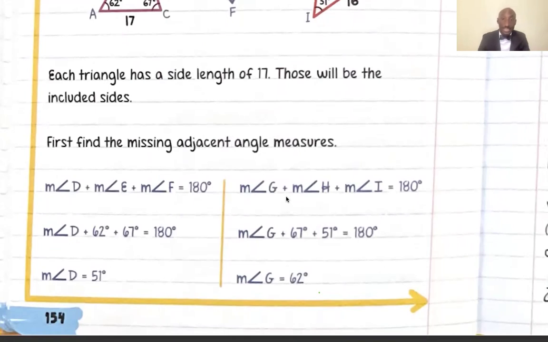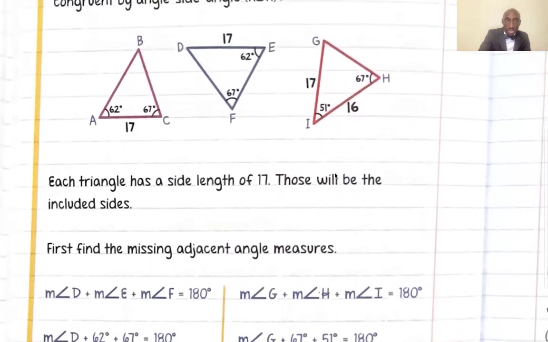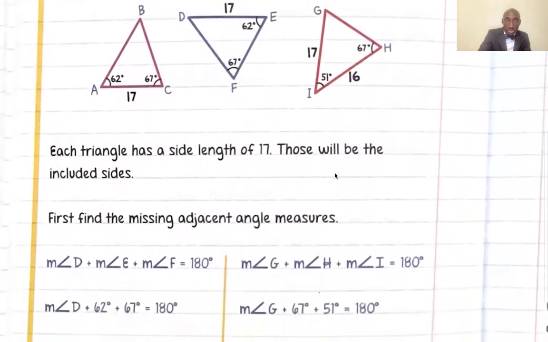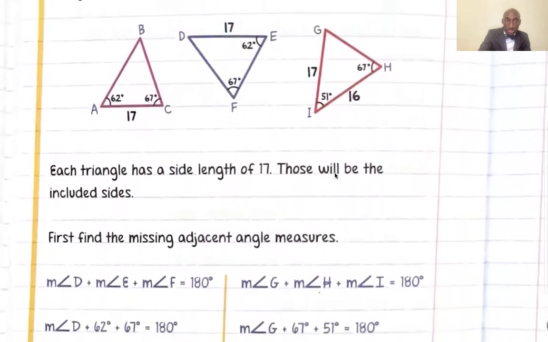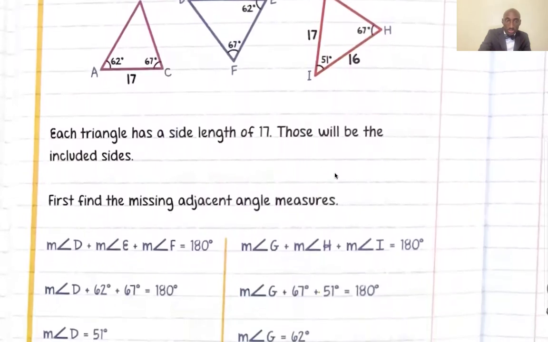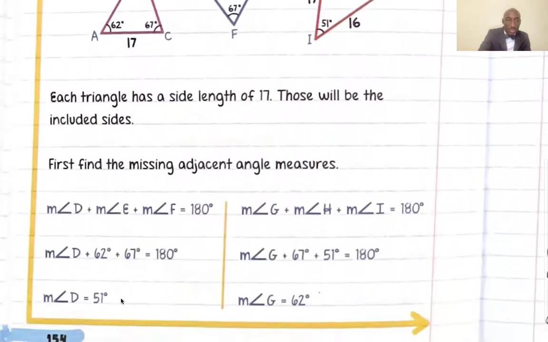Find the missing adjacent angle measures. So we understand the measure of angle D plus measure of angle E plus measure of angle F is 180 degrees. Measure of angle G plus measure of angle H plus measure of angle I is 180 degrees. So measure of angle D plus 62 plus 67 is 180. Measure of angle D is 51. Measure of angle G plus 67 plus 51 equals 180. Measure of G is 62.